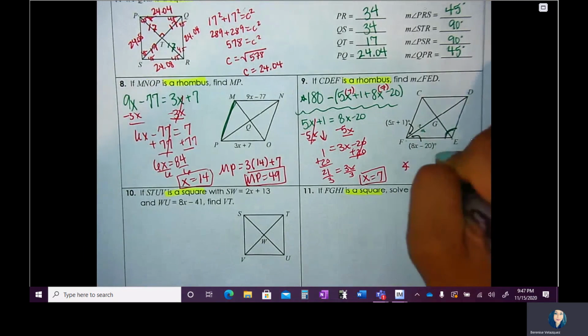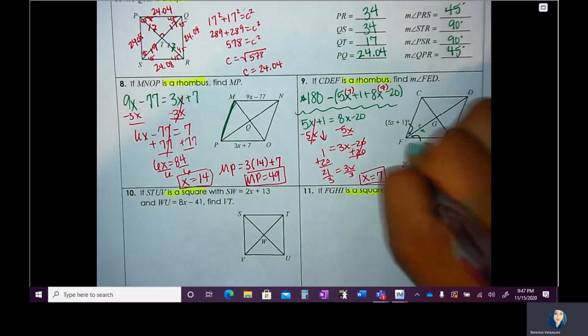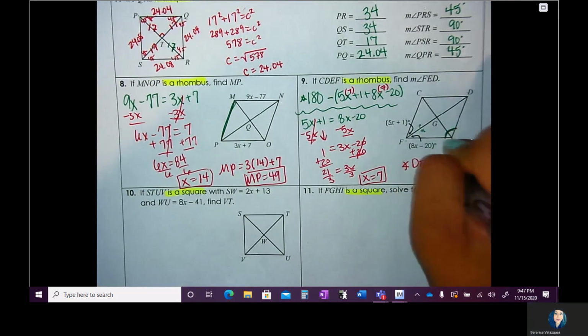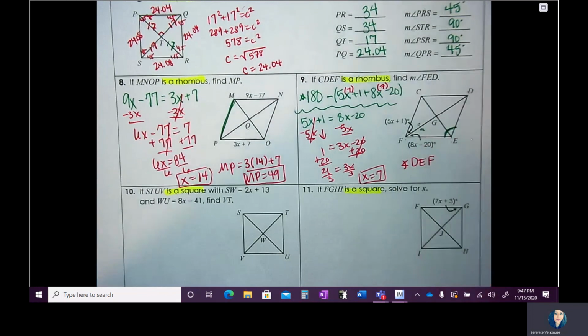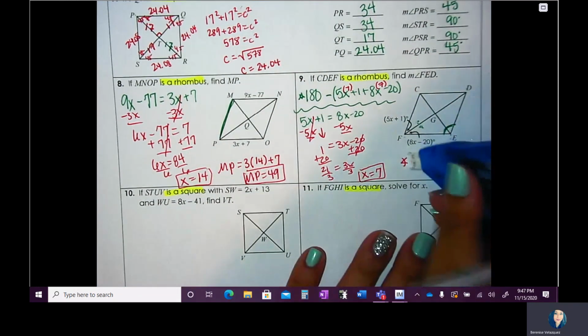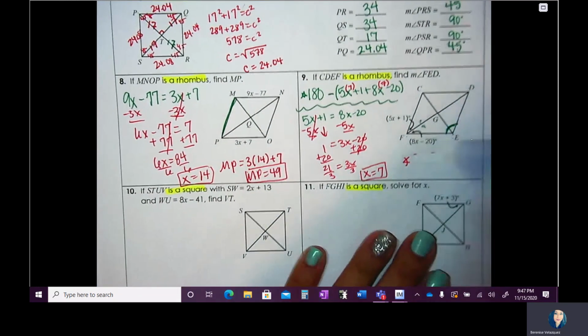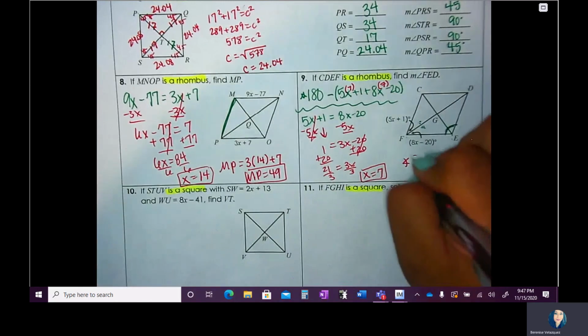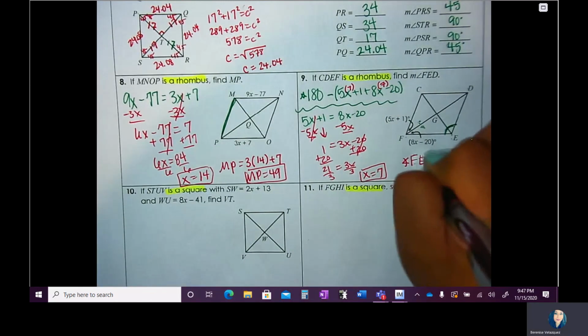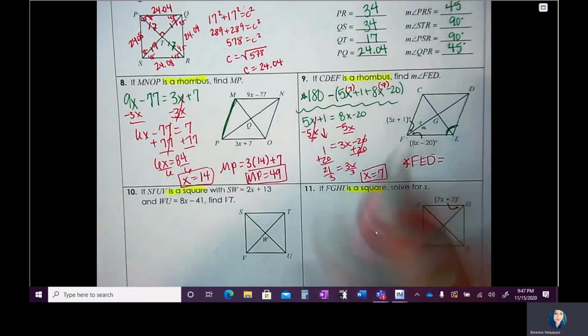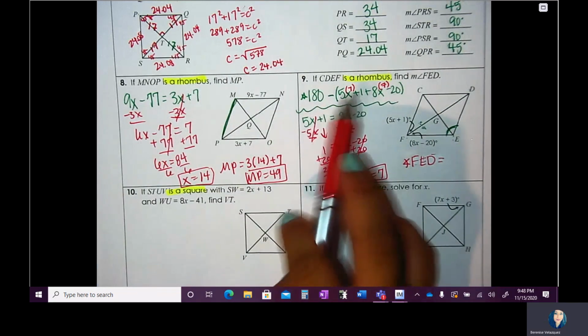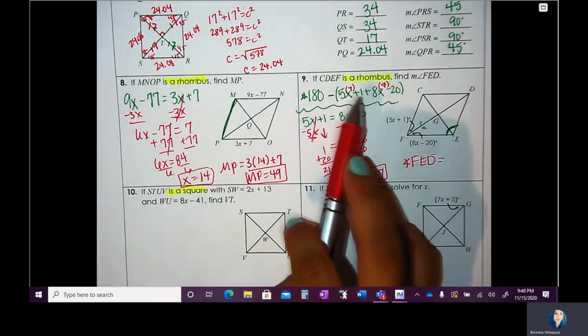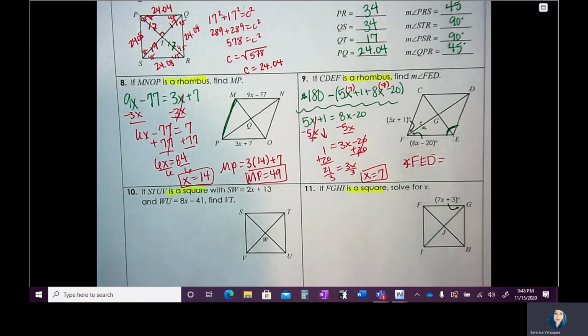So angle DEF, or FED, let's write it the way they wrote it so we don't get confused. They wrote it FED. It is equal to, and I'm going to do the math here. First I'm going to plug in 5 times 7 plus 1. That gives me 36.